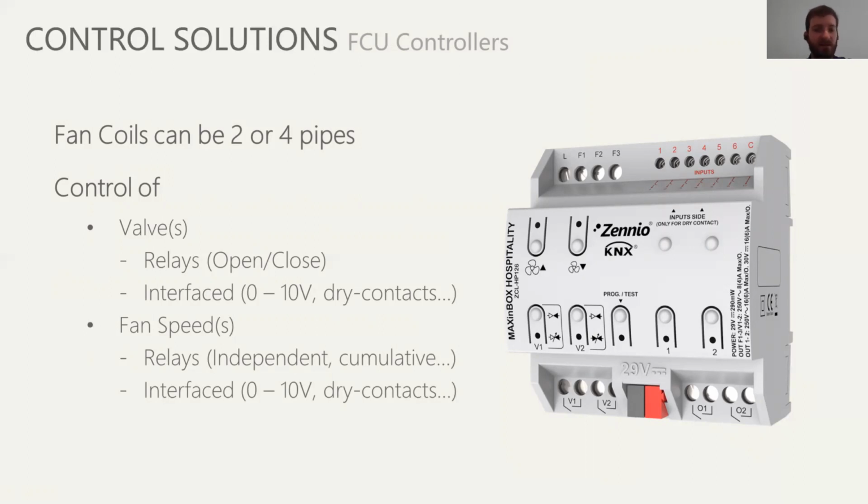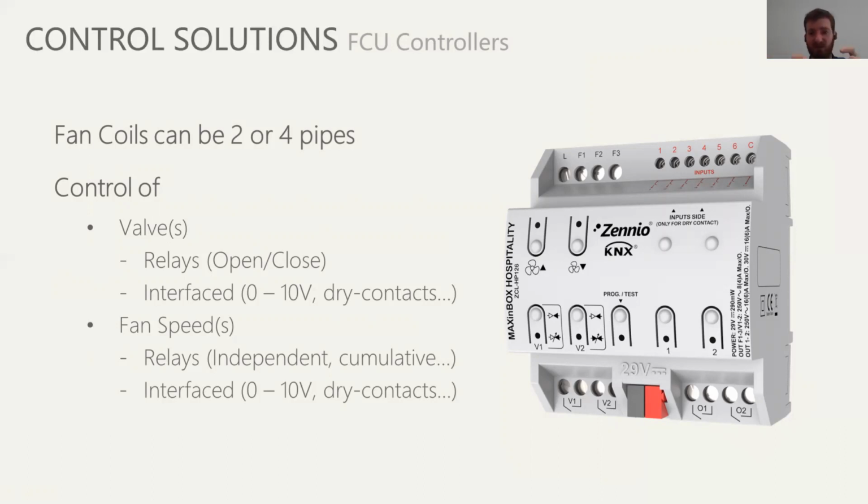In fan coil units, what you can control is usually the valves and the fan speeds. There are different ways of controlling that, and you can combine what you're now seeing on the screen almost in any way. So you could have valves that are operated just via relay, so open, close. Valves that are operated via a 0-10 volt contact.